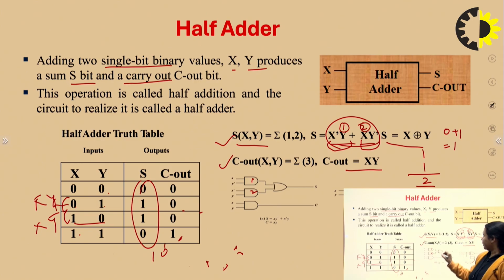And then we add these 2 AND combinations, so we use a normal OR gate, and this is sum. Similarly, we write for C out. C out is normally a multiplication of x and y, so we just multiply both the inputs, right? So this is a basic circuit diagram of a half adder using AND and OR gates.